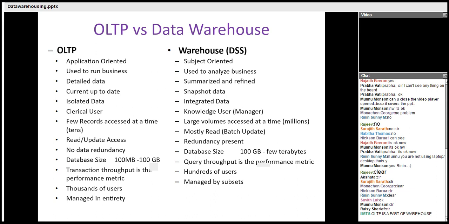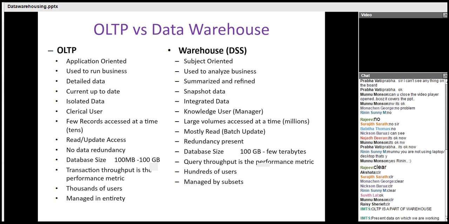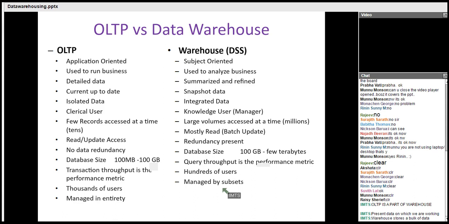OLTP is the present data on which we are working, while warehouse stores a bulk of data. So that is the difference. Data warehouse, OLTP is a part of the warehouse.